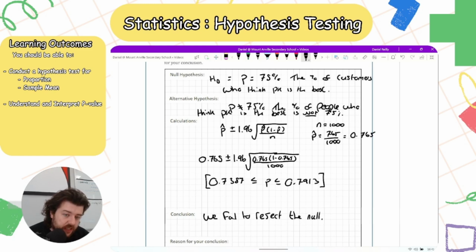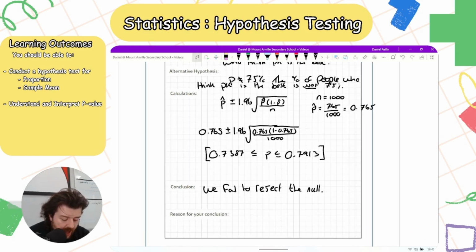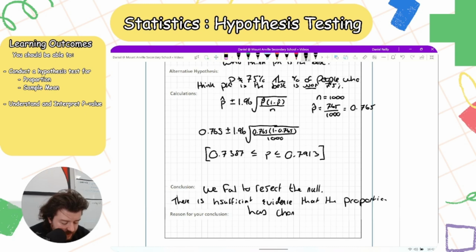There is insufficient evidence that the mean proportion has changed.